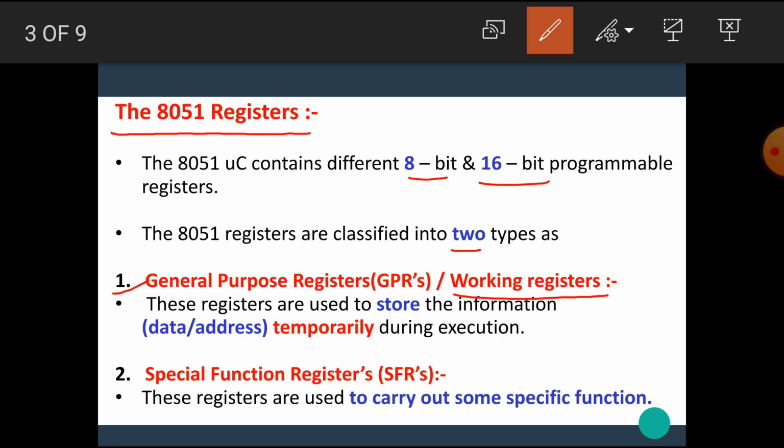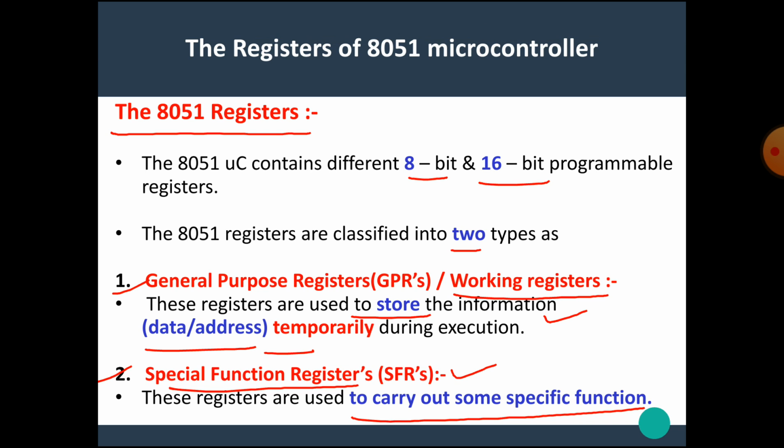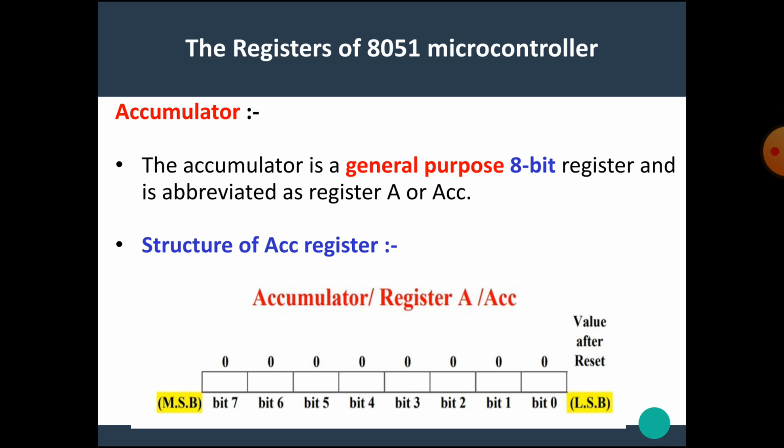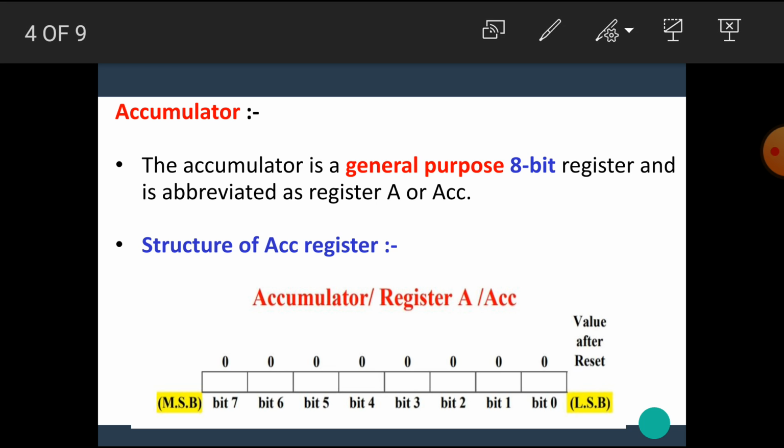These registers are used to store information temporarily during execution. The information may be in the form of data or address. The second type is the special function registers, or SFRs. These registers are used to carry out some specific function. Now let's see the description of registers one by one.